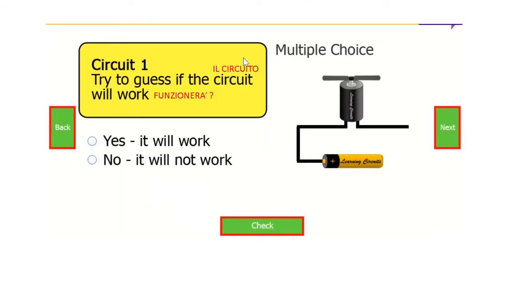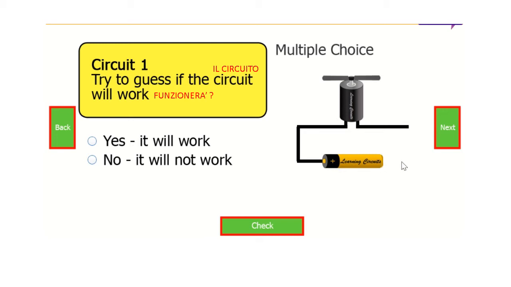Now let's look at some circuits. Try to guess if the circuit will work by choosing yes, it will work, no, it will not work. Let's look at the circuit. Here we have a battery, this is wire, and here we have a component. So we have the three things necessary to make a circuit.